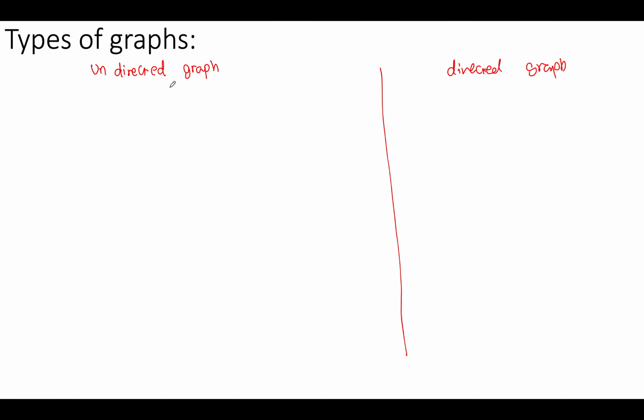The undirected graph is whenever I have a graph with edges that do not have a direction.